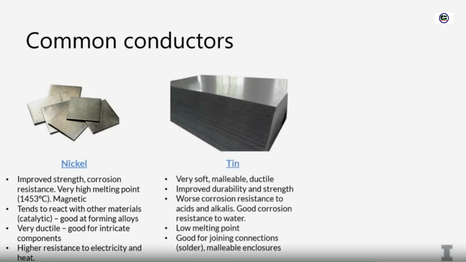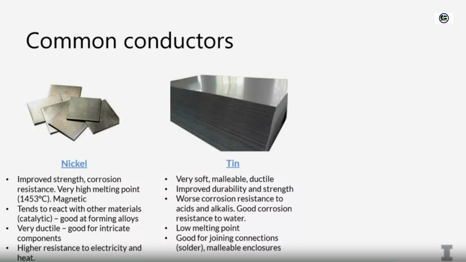Another option is to use tin. Tin is a very soft metal. I don't know if you've ever held a tin can, but you can squish it. It's a metal you can bend pretty easily. It's very soft, it's very malleable and ductile. It has pretty good durability though. If you have a tin can, you can squish it over and over, and it's not going to break very easily.